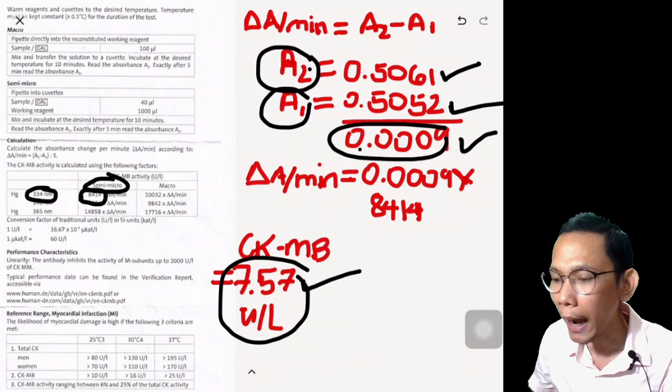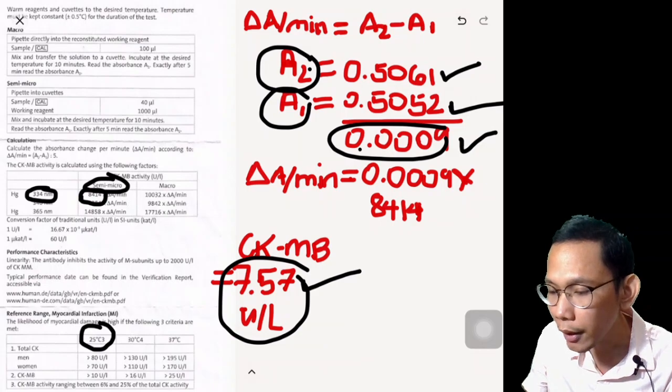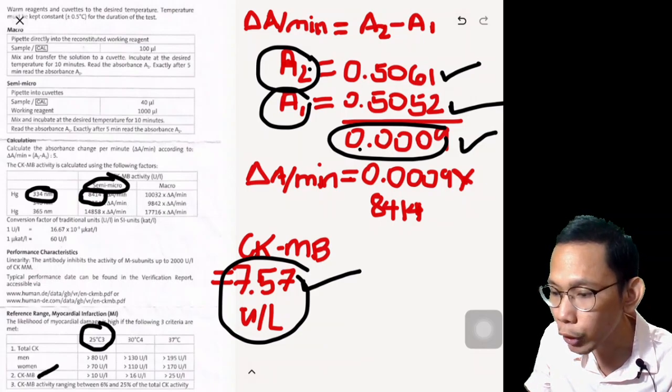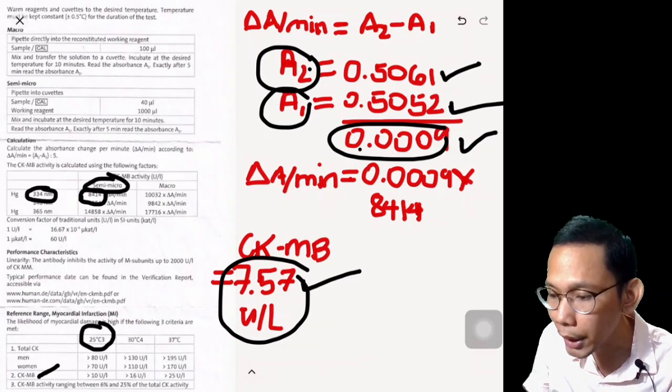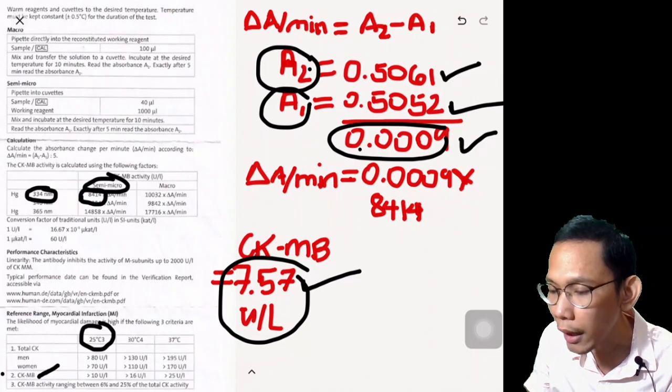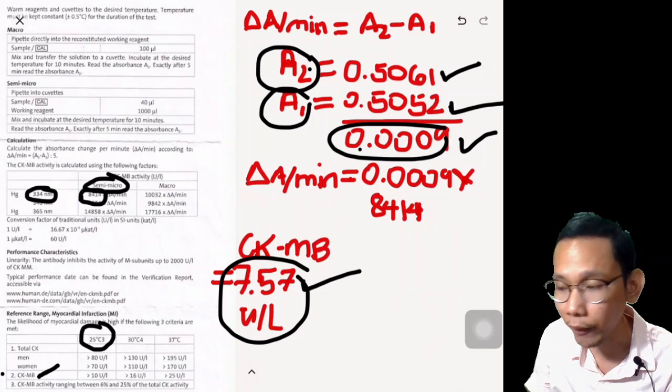To check for the reference formula, anong ginamit natin na temperature? It's 25 degrees Celsius, or room temp. Tapos, value natin, CKMB, is this normal or abnormal? This is normal, kasi nga sa CKMB at room temp, which is 25 degrees Celsius, greater than 10 U/L, there is a big likelihood of myocardial infarction.